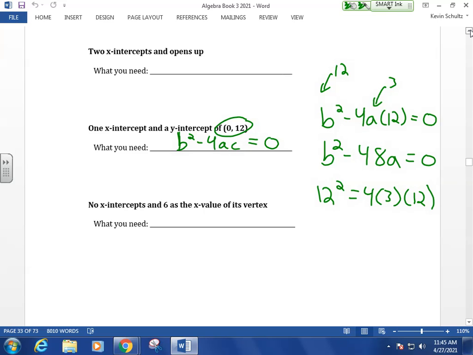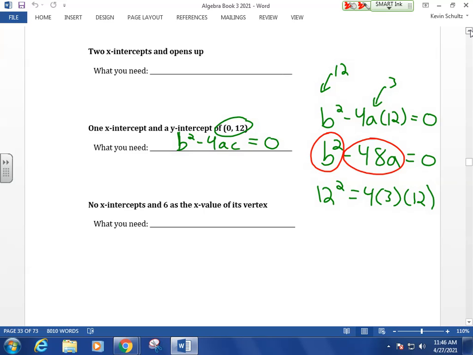So with that, we had to find some value for a and some value for b that made these two things equal, so that when we subtracted 48a from b squared, it's going to equal 0. So we went through the multiples of 48 to find that perfect square. 48 times 3 gave us 144, which is a perfect square, and that's how you got 12 squared, which is 144, equals 4 times 3 times 12.